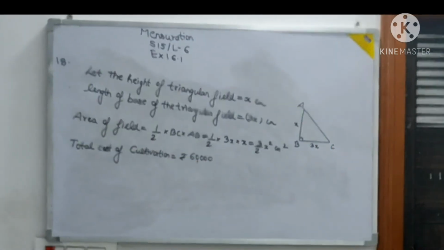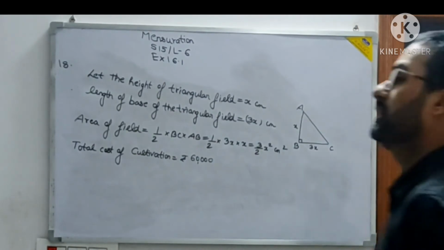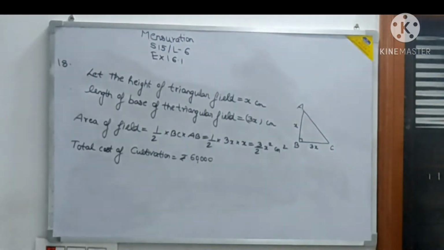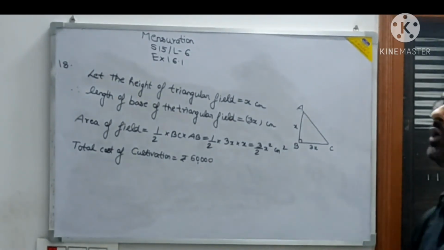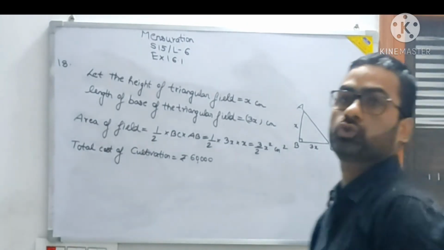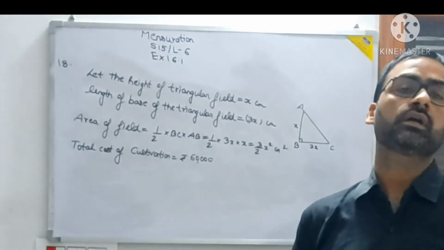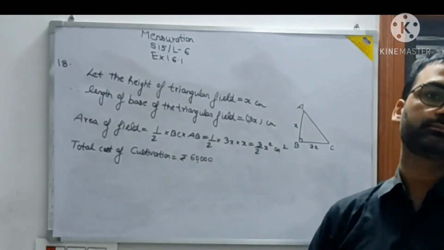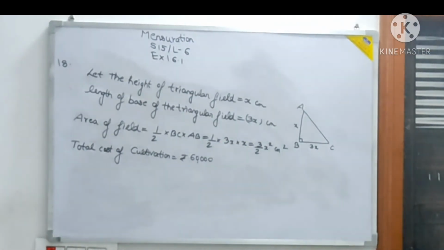Now see, 25 per 100 meter square. That means for 100 meter square, 25 rupees. So from this cost of cultivation, how can you find the area? So to 25 rupees for 100 meter square, how many 100 meter squares are there in this? Do you know that? No.